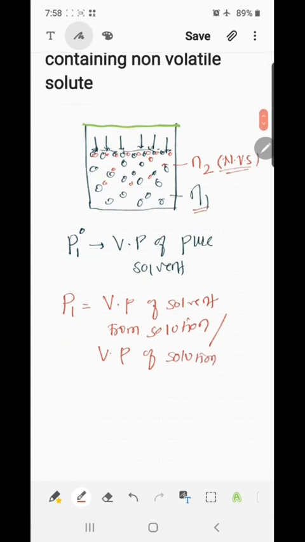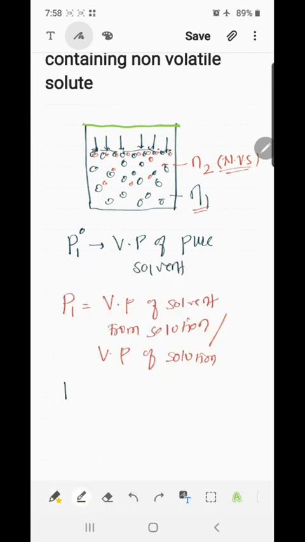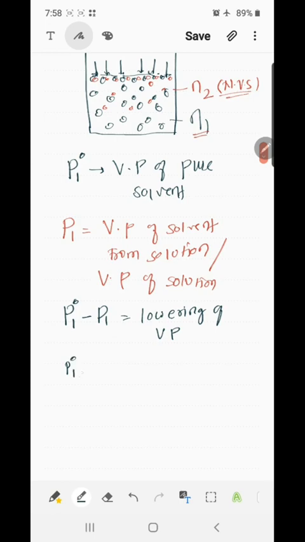or you can simply say vapor pressure of solution. So we know that P1 is always less than P01, and the difference P01 minus P1 is called the lowering of vapor pressure, and if you divide this P01 minus P1 again by vapor pressure of pure solvent, that is called the relative lowering of vapor pressure.